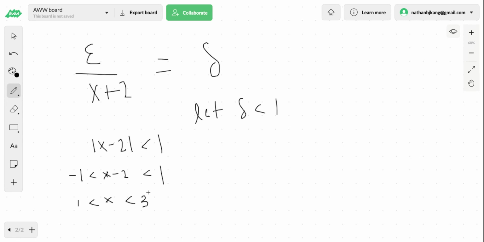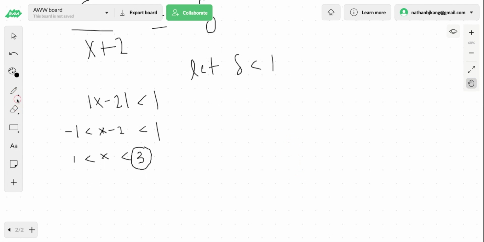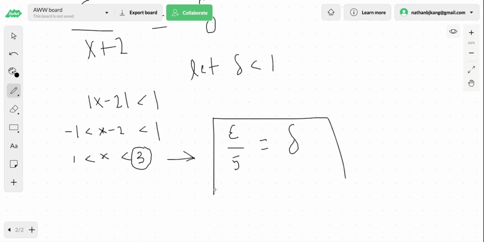So in this case, our value that we want to use is x equals 3, and this yields us epsilon over 5 equals delta.